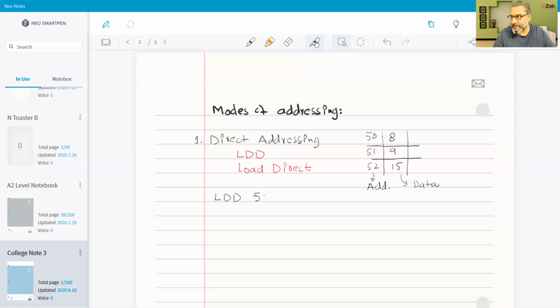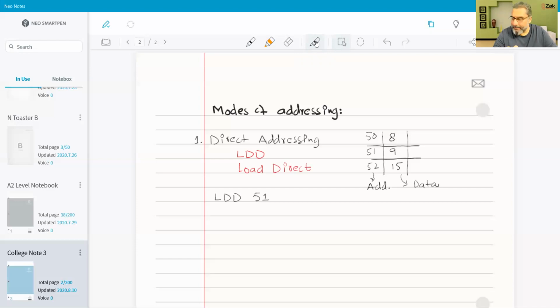So this command has got two parts. First one is LDD, and the second one is the address. All right. So LDD says load direct from the address 51. So this 51 is actually the address of memory.